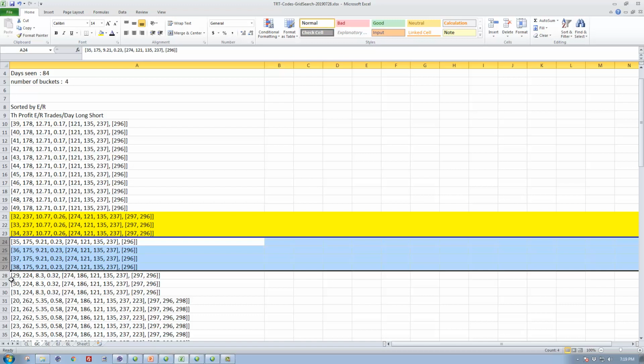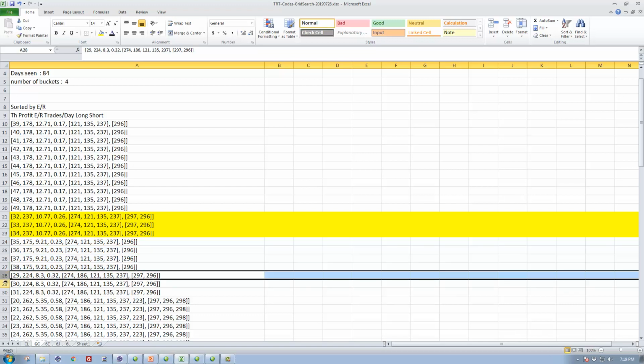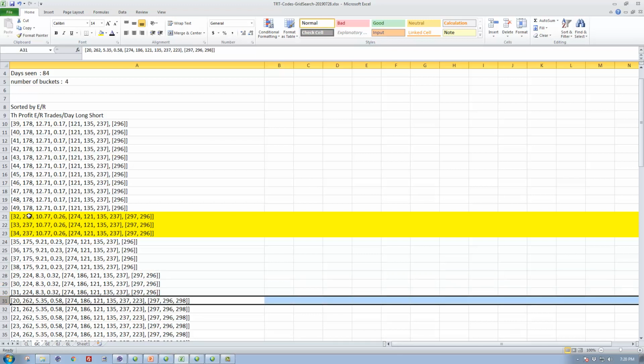All right, here's 224, so that's close to that on a lower efficiency rating, slightly more trades per day. I've got no interest there. 262, so this is more now. 262 more than 237. My ER dropped almost in half, and the number of trades doubled. So I'm not at all interested in this. So I've gone down far enough.